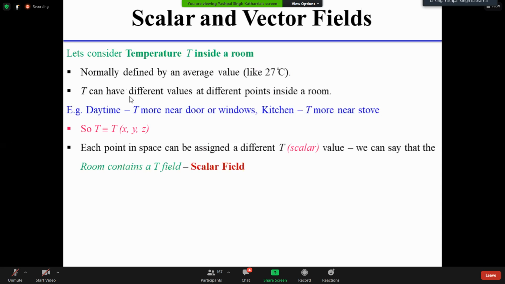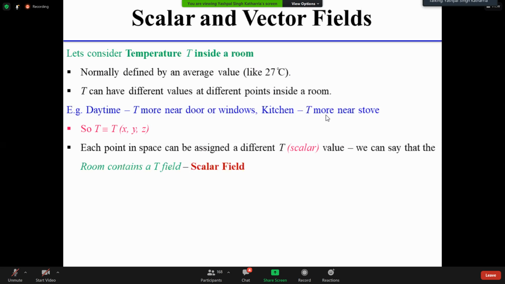So the temperature near the door and window is more, and inside the room it could be less. Similarly, if you are inside a kitchen, then the temperature could be high near a stove, and lower everywhere else.